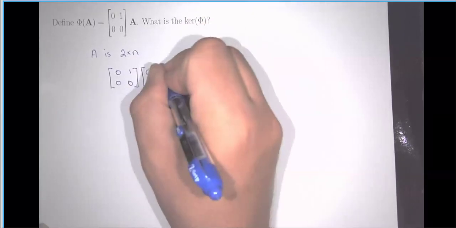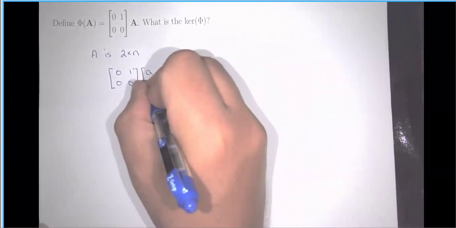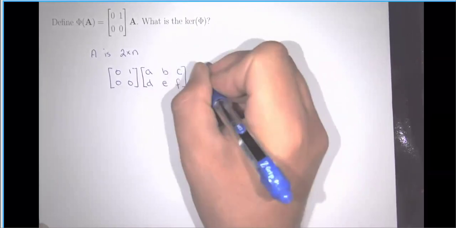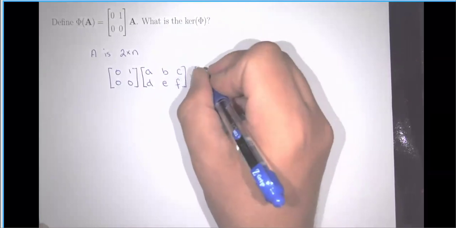If we take our [0, 1; 0, 0] matrix and multiply by, we'll just go 2 by 3 for an example, the resulting matrix has to be 2 by n, so in this case 2 by 3.